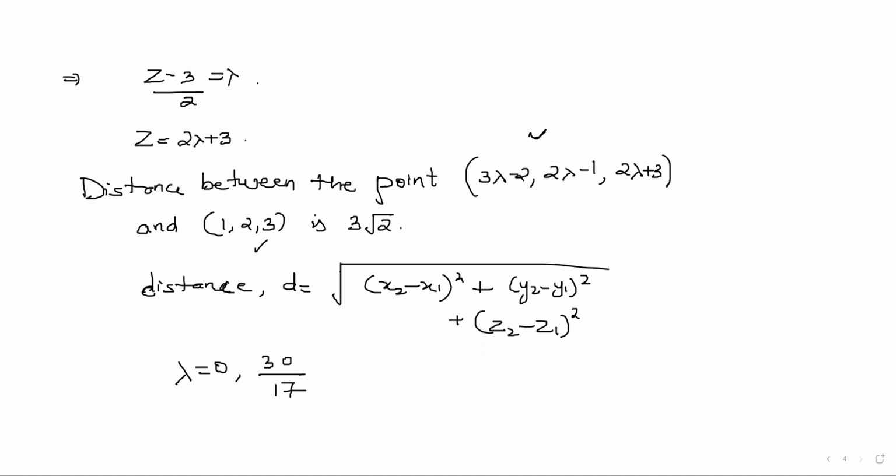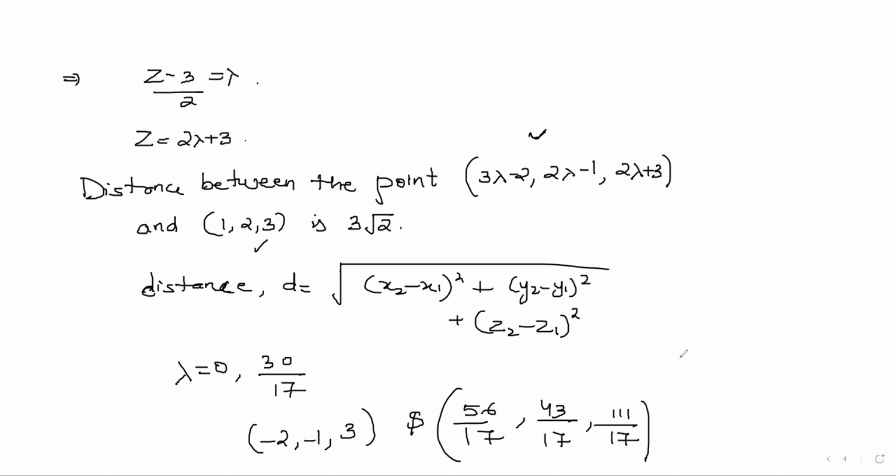So the two points are, substitute both the values. Yes, Atif, the points are (-2, -1, 3) and (56 by 17, 43 by 17, 111 by 17). Very good. It is correct. So Zephyr and Sav, please confirm if you're getting this answer, or let me know if you have a doubt. Okay, I will just give you 5 minutes for this.